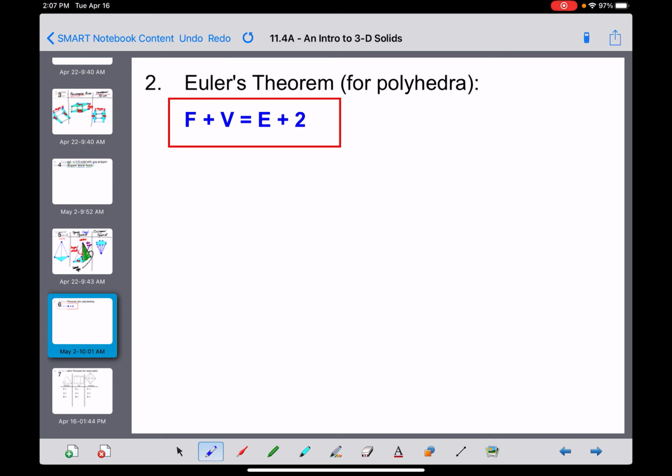But here we go. Euler's theorem said the following: that in any polyhedron that you are dealing with, this formula holds. F plus V is equal to E plus 2. And what that stands for, guys, is our number of faces, there's the F, plus the number of vertices, that's the V right there, is always equal to the number of edges, there's the E, plus 2.